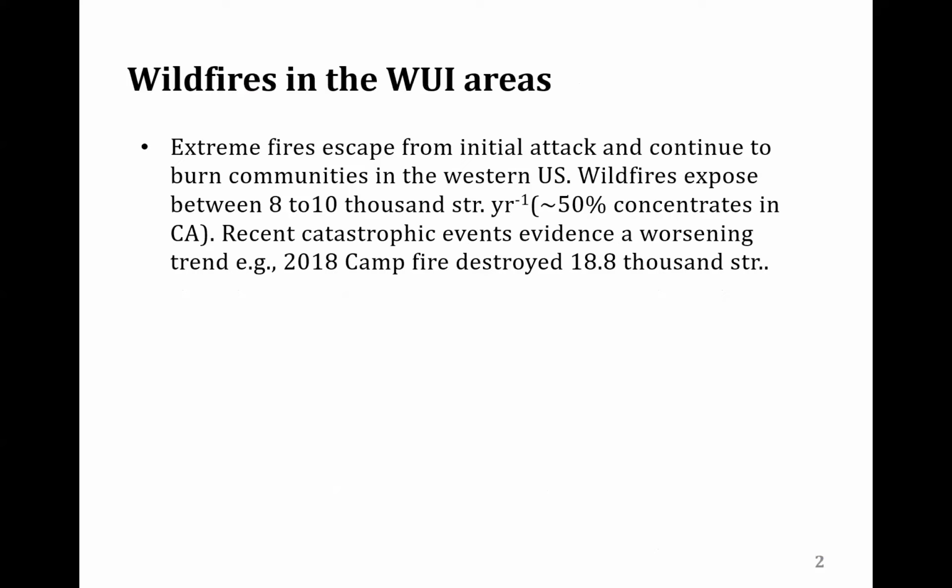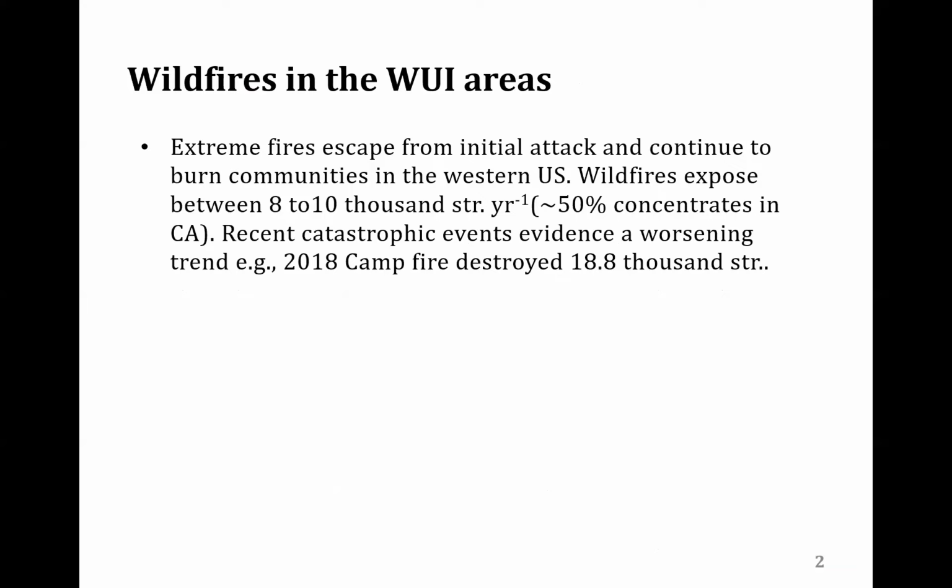So first, a very quick introduction about wildfires in the wildland-urban interface. Extreme fires that escape from initial attack continue to burn communities in the western US, and these wildfires expose between 8 to 10,000 structures per year, depending on the time frame that we are considering.